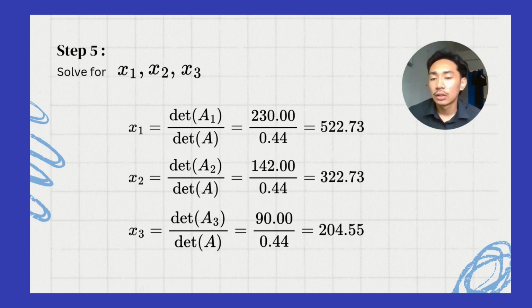For x1 equal to 230.00 divided by 0.44 equal to 522.73, and for x2, 142.00 divided by 0.44 equal to 322.73, and lastly for x3 equal to 90.00 divided by 0.44 equal to 204.55.